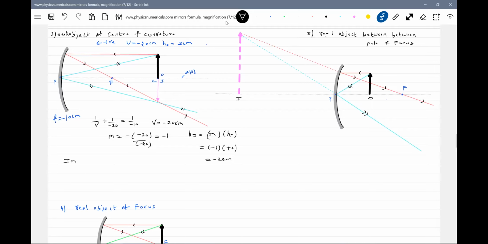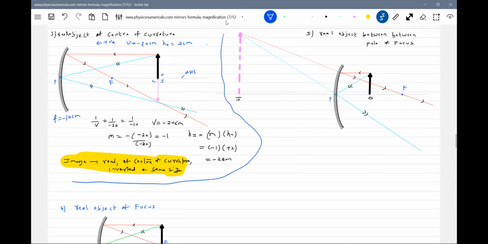What about the image? The image will be real, at the center of curvature, inverted and same size. Okay, this all corresponds to this one.